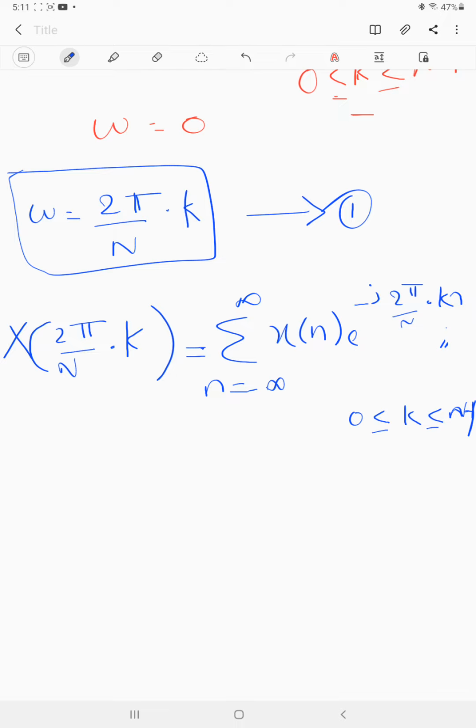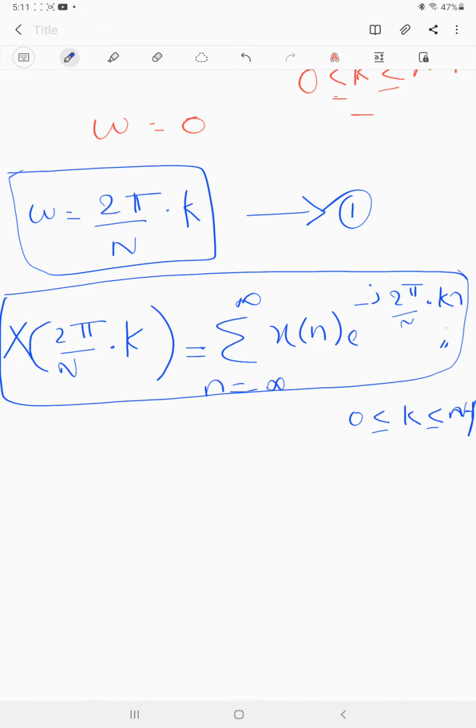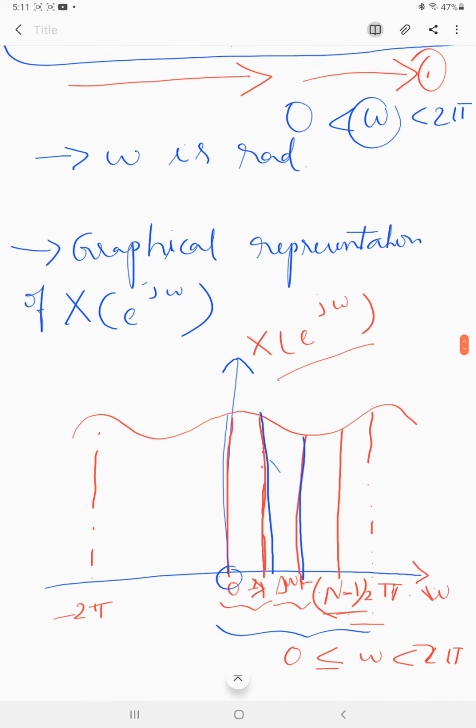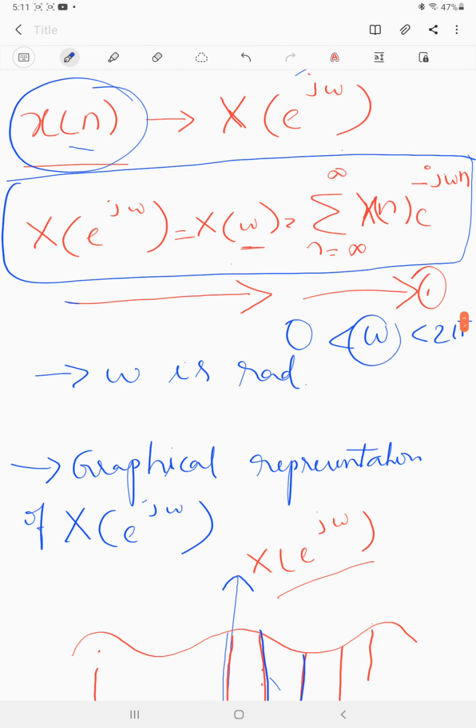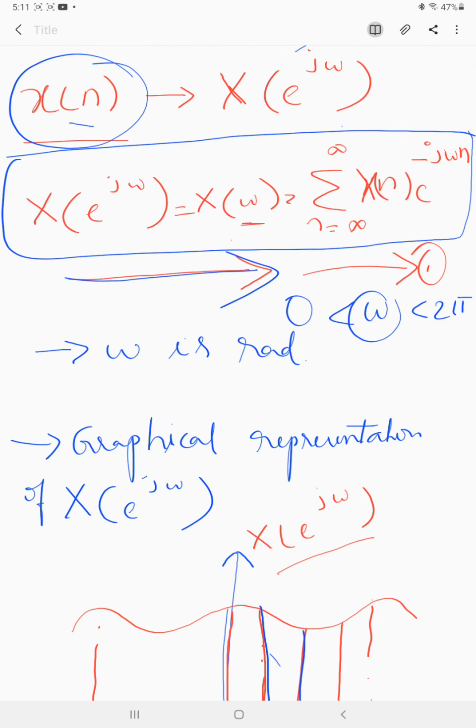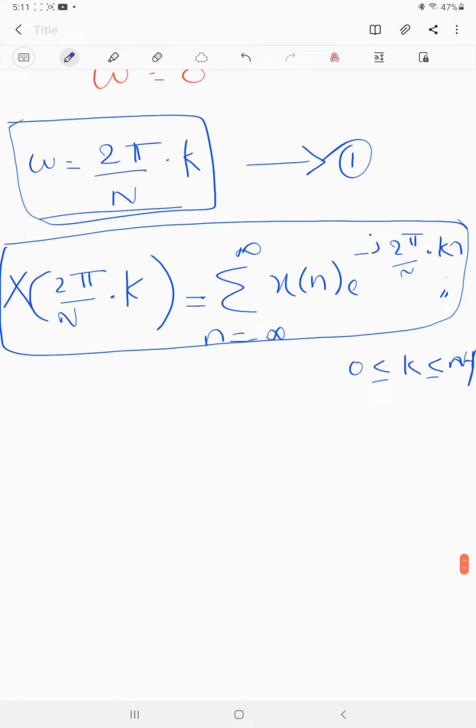Okay, let this be equation 2, after substituting omega equal to 2 pi by n into k in this equation.